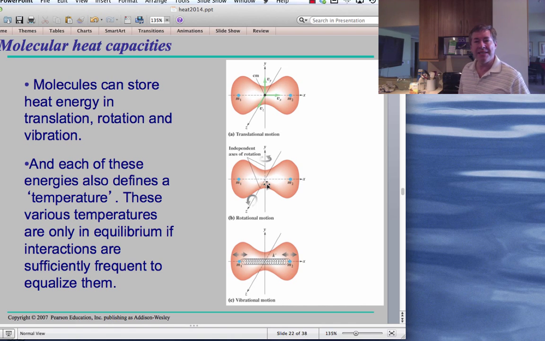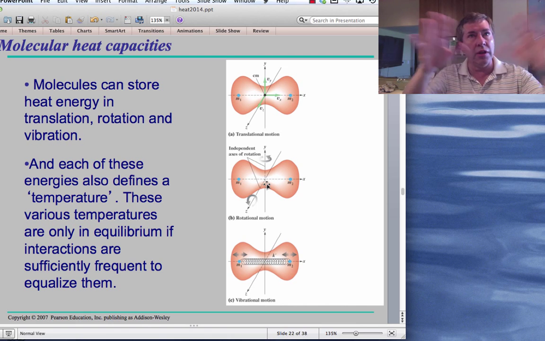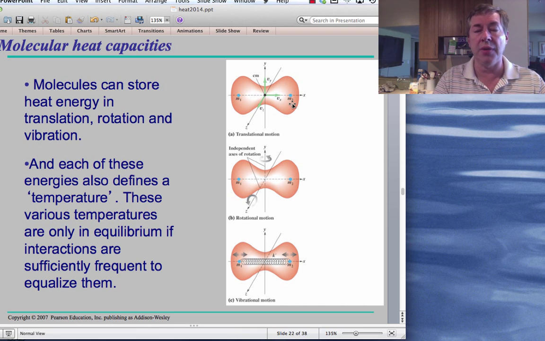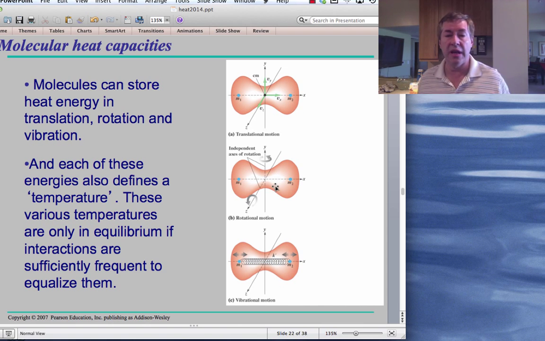That's right. kT is the amount of energy that any kind of motion of a microscopic particle is going to acquire if it's in thermal equilibrium with all of the other molecules that are around it, which also have a temperature T. So it's not just the kinetic energy of the molecules bouncing around, it's also their rotational motion.